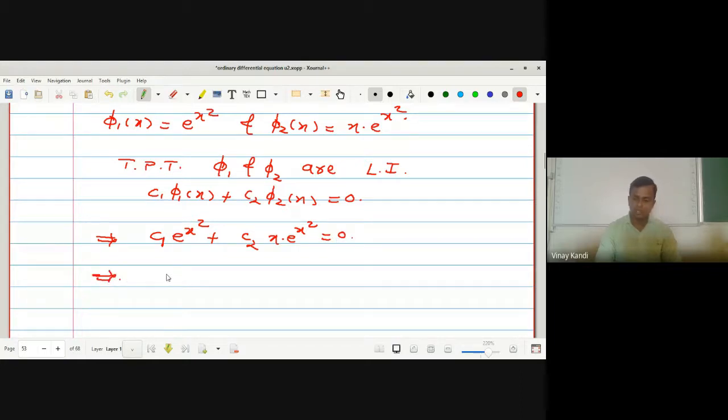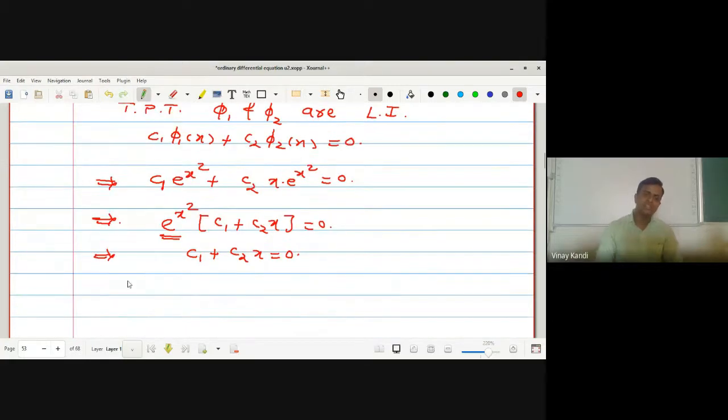Sorry, e raised to x square is common. So here we get C1 plus C2 of x is equal to 0, and e raised to x square is always positive, so C1 plus C2 of x must be 0.